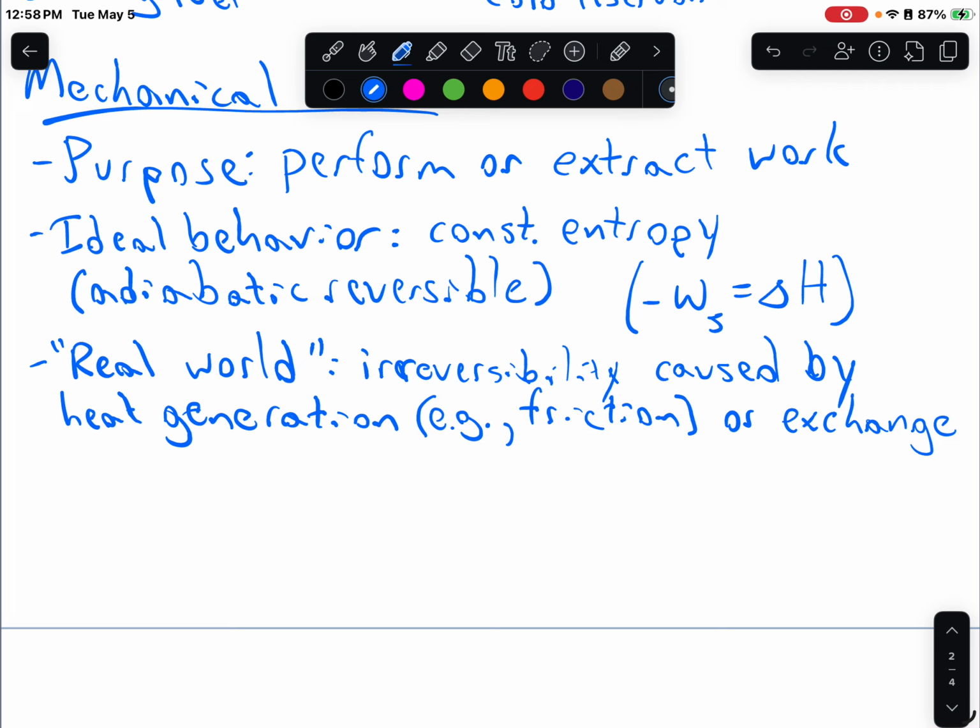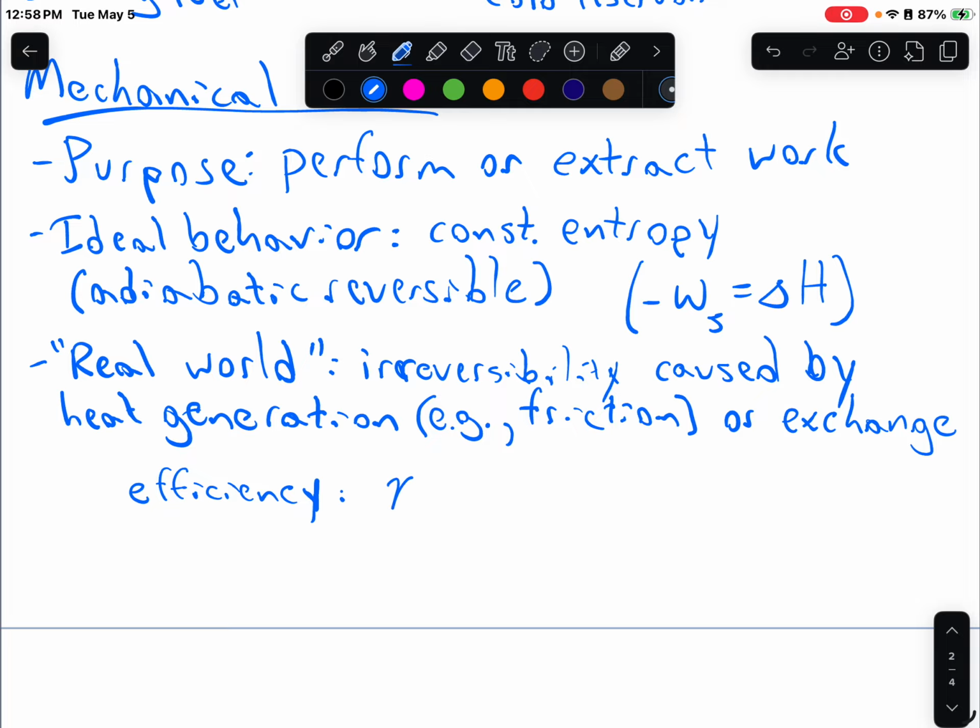What we do in this case is we say that whoever built the pump or turbine gives us an efficiency. This is different from the efficiency of the whole process. This is referring to the efficiency of the mechanical unit.